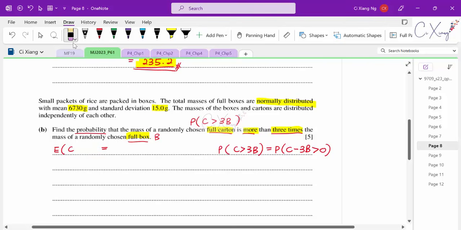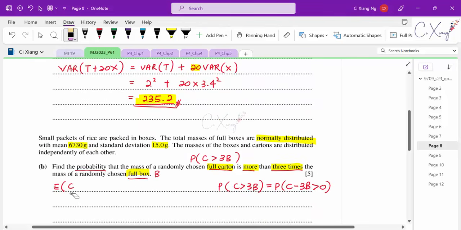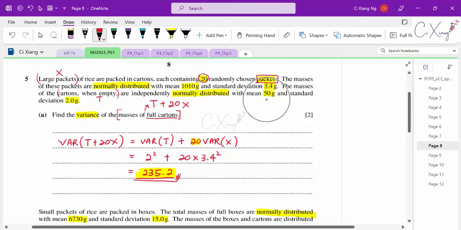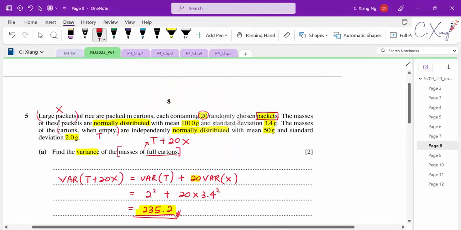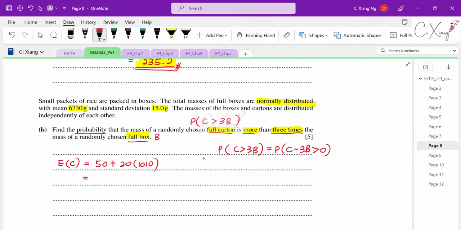Just now we had the variance for C, but we haven't started calculating the expected value for C. So the expected value for C will be the mean for the empty carton, which is 50, plus 20 times the mean for the large packets. The large packets mean is 1010, so I take 20 multiplied by 1010, and from here I get the value 20250.